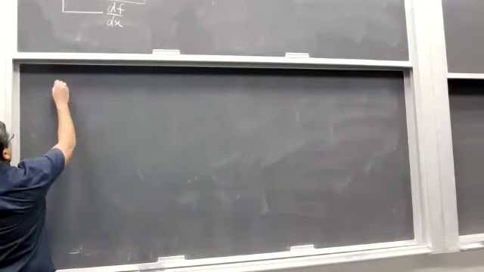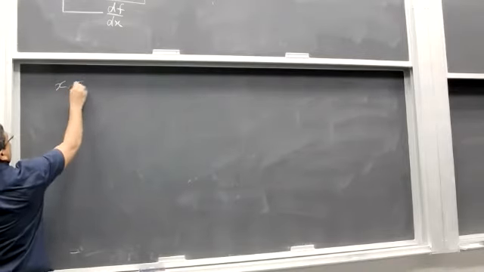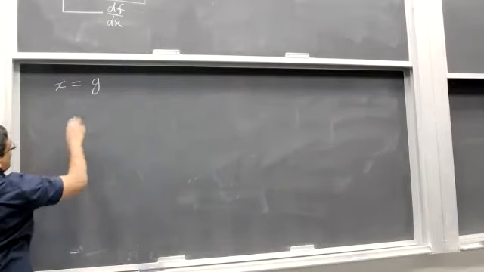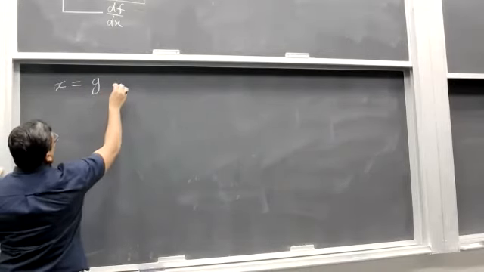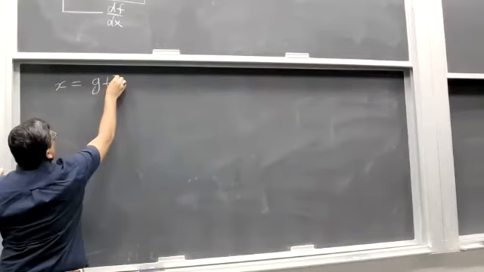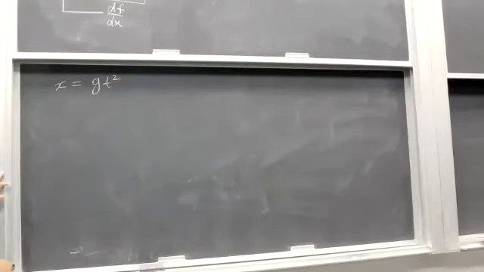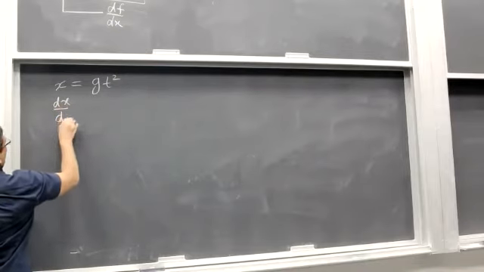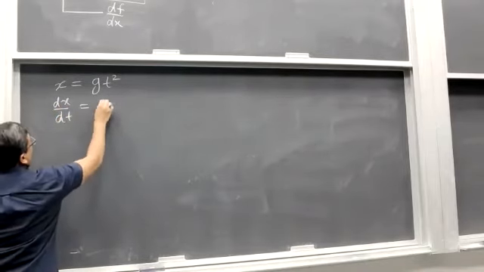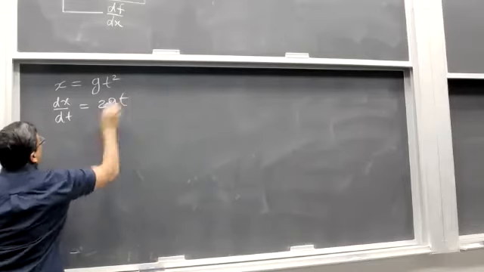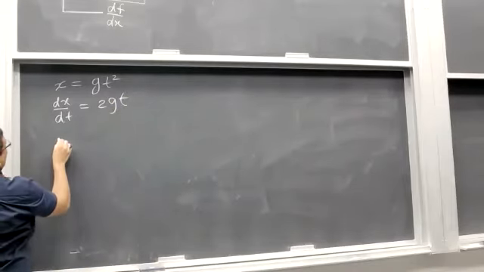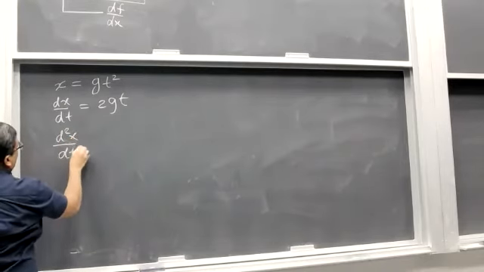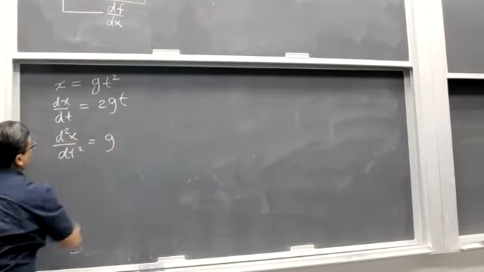So I'm using this example, x equal to, now I'm going to use g everywhere, half g t square. And the speed, the derivative of x over t, is g t, and then the acceleration, which is the double derivative, is just g.